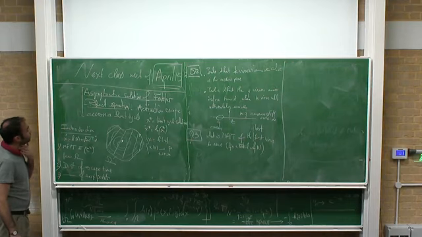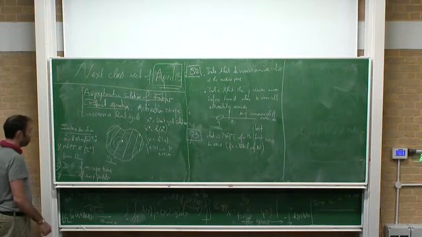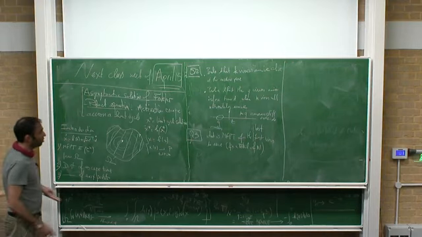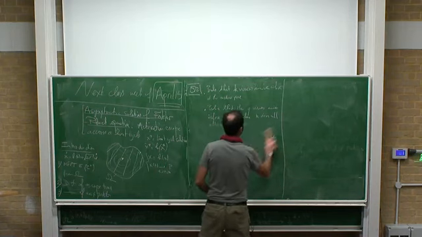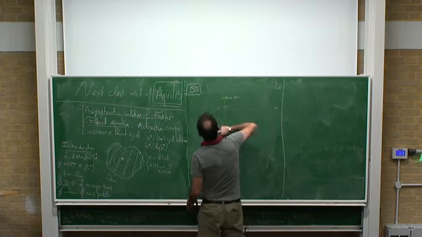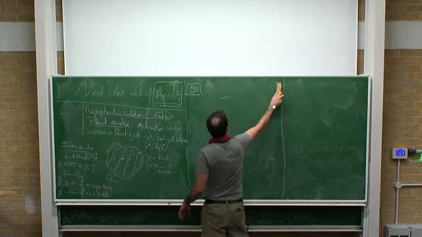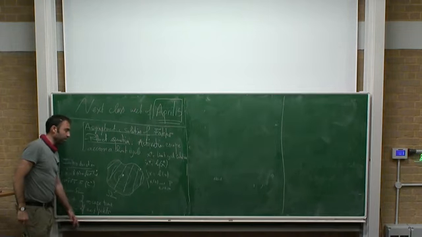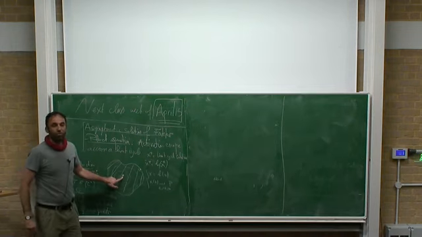And I'll be interested in the following question. When the critical point is located, this question comes out in many problems in biology, because if you have a Hopf bifurcation of a dynamical system, you have an attractor.